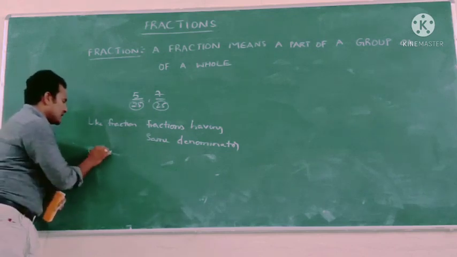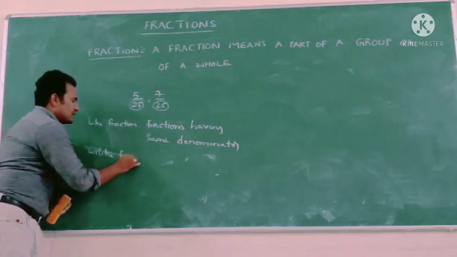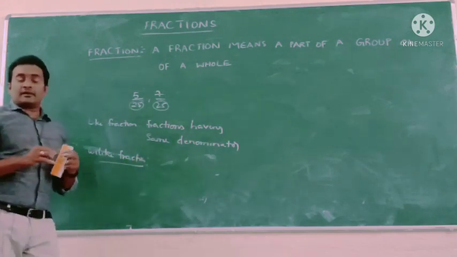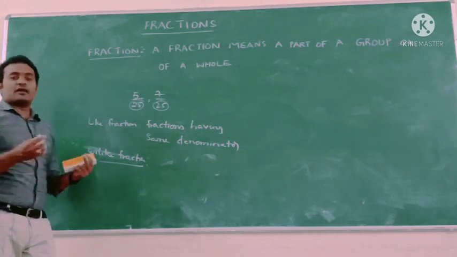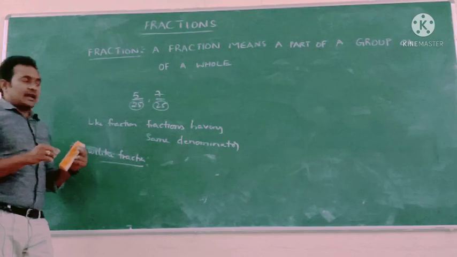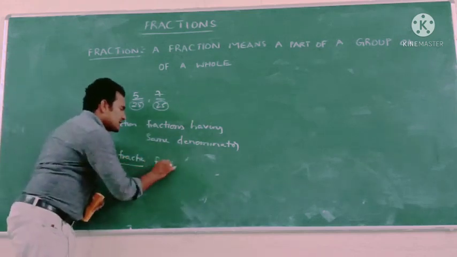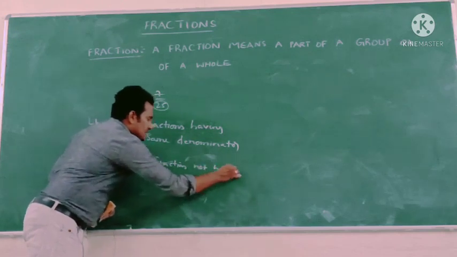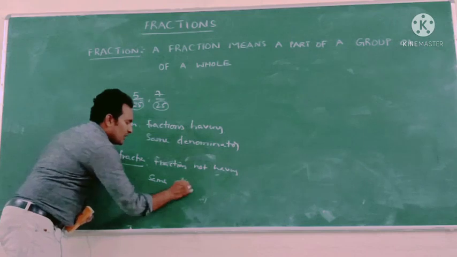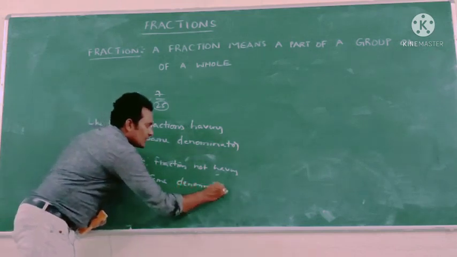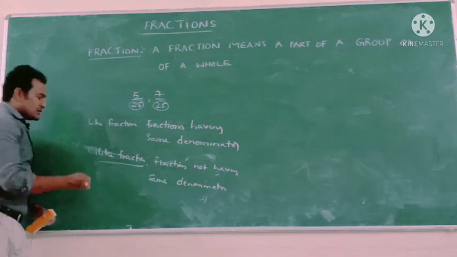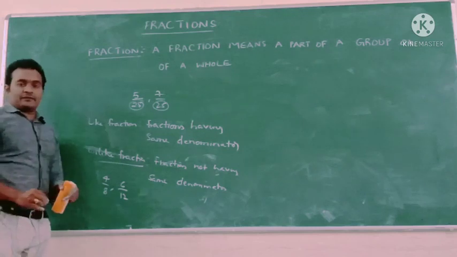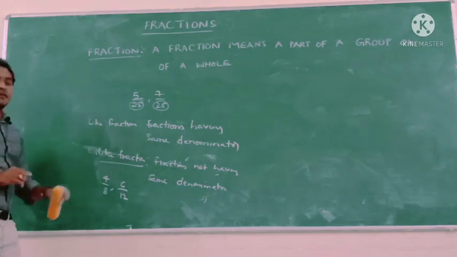Fractions not having the same denominator are called unlike fractions. So let us take 4 by 8 and 6 by 12. These two are unlike fractions, but these two are also equivalent fractions.